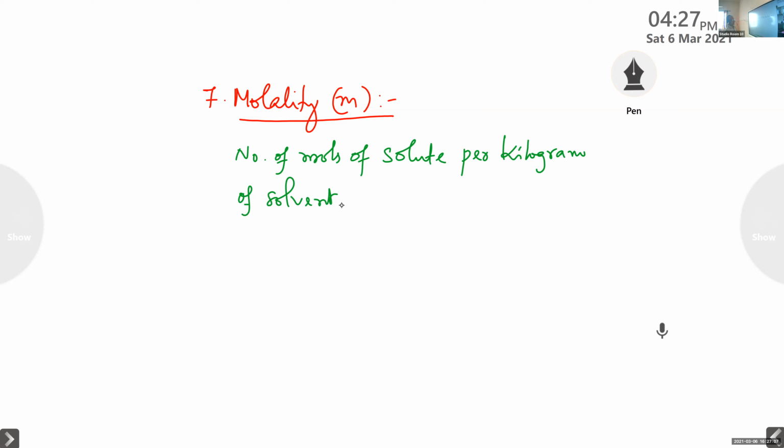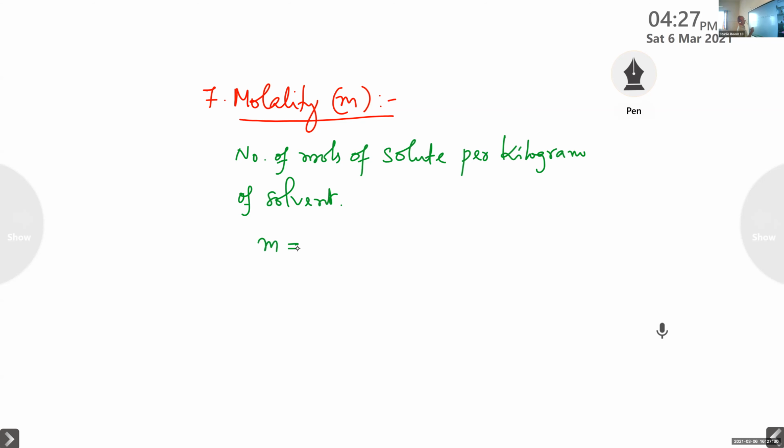Here there is no volume term. We have only the mass term. Number of moles of solute per kilogram of a solvent. So the mass of a solvent is taken in kilogram. We can write a relation like this.